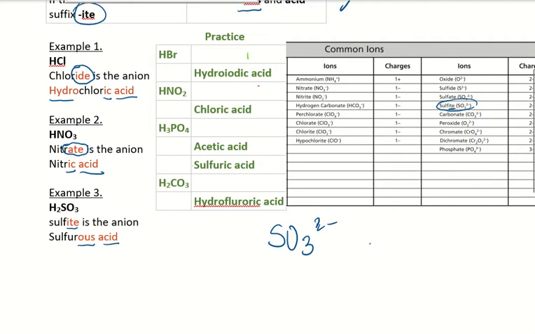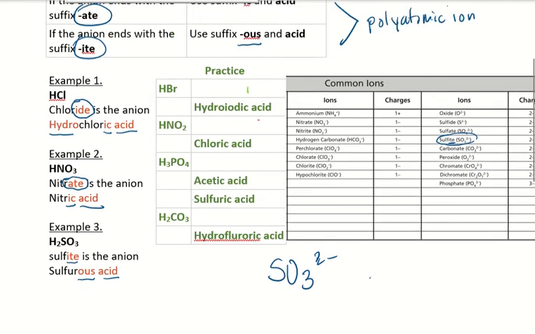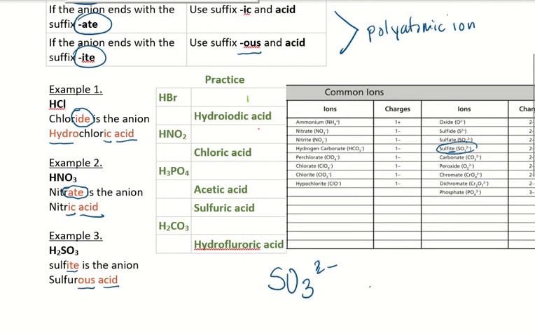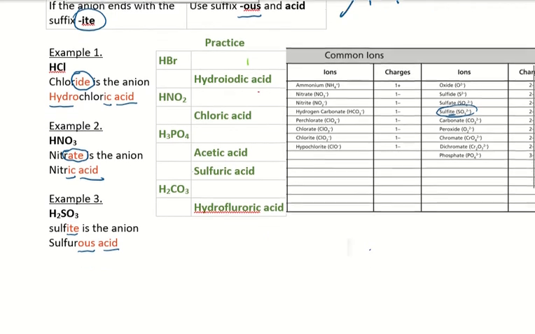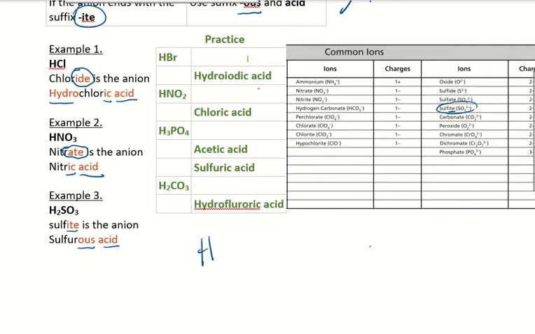Okay? All right, look at a couple of these examples for the practice. HBr. What's your anion here? H plus and Br negative.